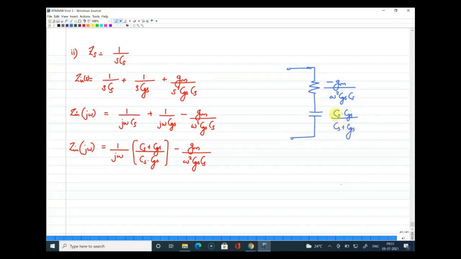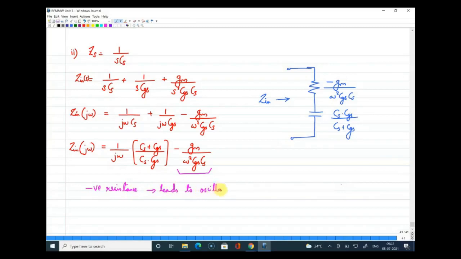This is the input impedance of the circuit if you have a capacitor at the source node, right? But again, from here, we can see that there is a negative resistance component. That negative resistance will definitely affect the stability, and it will lead to oscillations in the circuit.